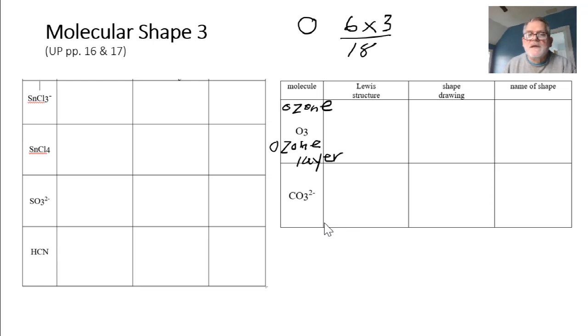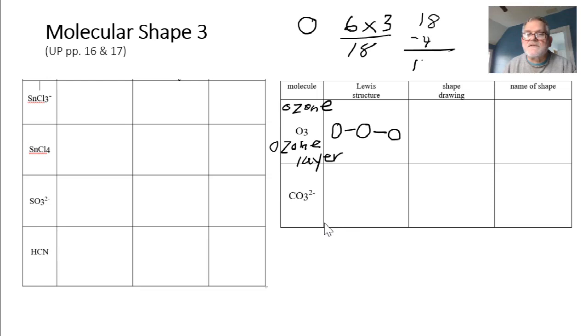Okay, so let's figure out the structure. I'm going to put an oxygen in the center. I'll put an oxygen over here, and I'll put an oxygen over here. I like to put things symmetrical if I can. So I'll put two oxygens on opposite sides of the central atom. So how many electrons have we used up? Out of 18, we've used up 4.